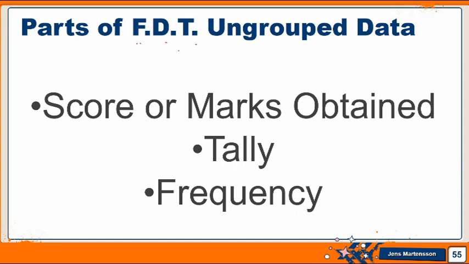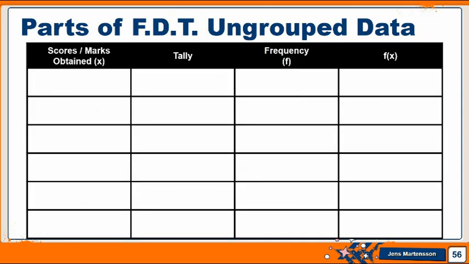Ibig sabihin, yung bilang ng scores ay binibigyan na natin ng table representation. Ang pakikita natin sa frequency distribution table are the scores or marks, the tally, and the frequency. Ang itsura ng isang frequency distribution table ay ganito. Ano yung scores na meron?